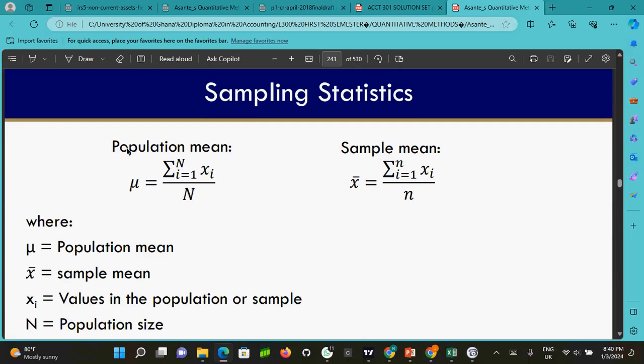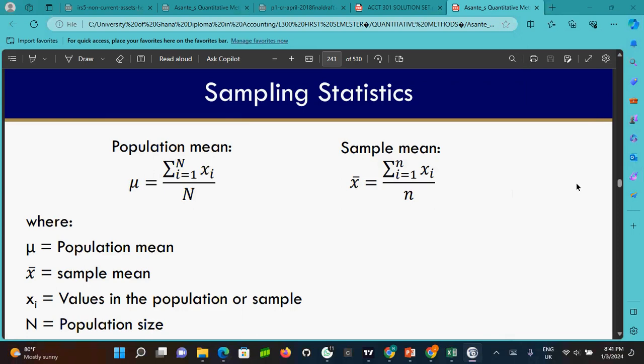This is the formula for the population mean, right? Almost all of you did this in class, but let me break this down for you.